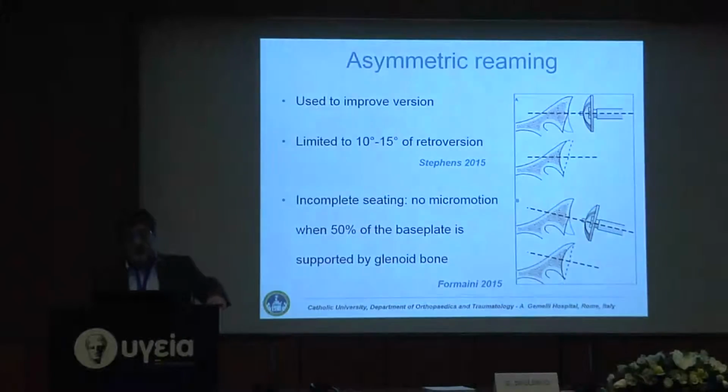But you have to consider the risk of incomplete seating. Basically, there is no micromotion when 50% of the base plate is supported by glenoid bone. So this can be a good option.